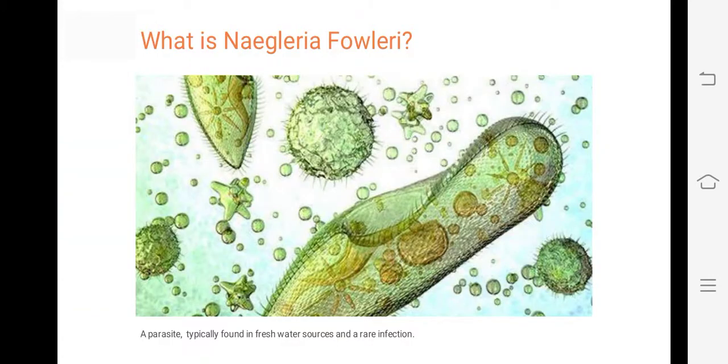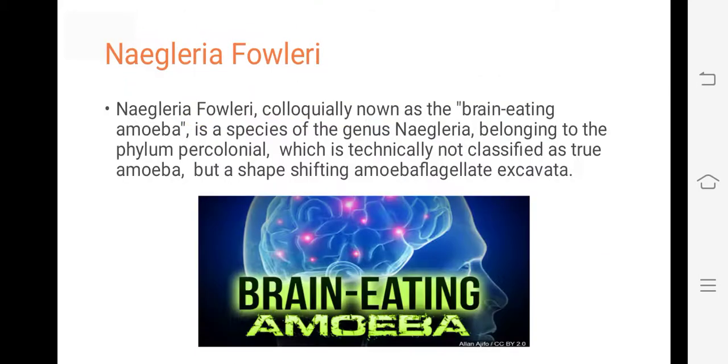So, what is this microorganism, Naegleria fowleri? It is a parasite typically found in freshwater sources and a rare infection. It is colloquially known as the brain-eating amoeba, a species of the genus Naegleria, belonging to the phylum Percolozoa, which is not classified as a true amoeba, but a shape-shifting amoeba flagellate excavata.